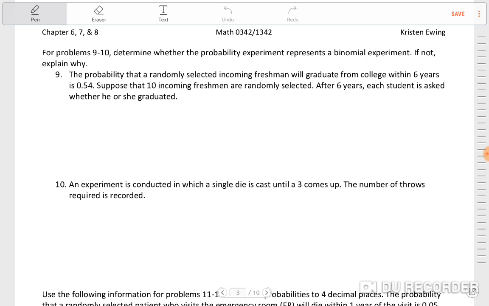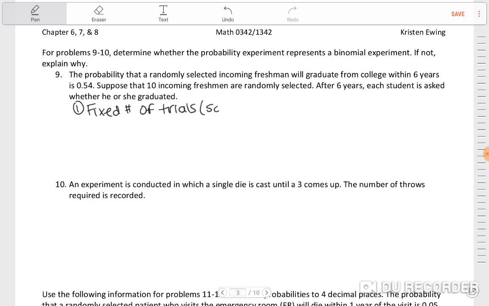So let's see here. It says the probability that a randomly selected incoming freshman will graduate from college within 6 years is 0.54. Suppose that 10 incoming freshmen are randomly selected. After 6 years, each student is asked whether he or she graduated. Okay, so the first thing we want to check is that there's a fixed number of trials in the experiment.